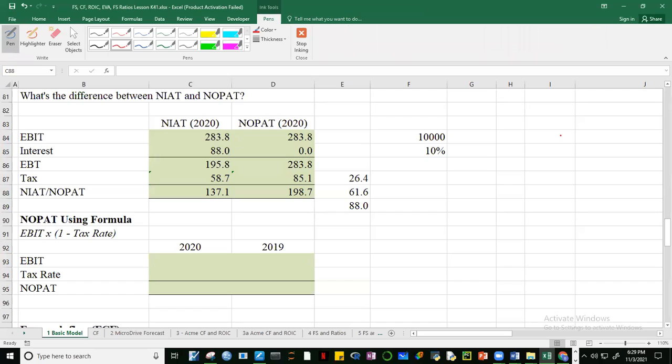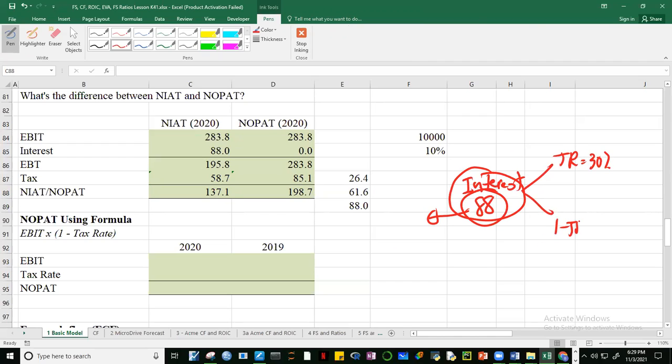So this was the interest expense in 2020, 88. Not all of this became the advantage of NOPAT over net income after tax, because this was divided into the tax rate, which is 30%, and 1 minus tax rate, which is 70%.